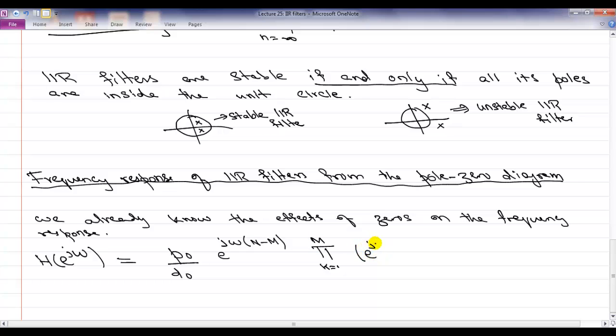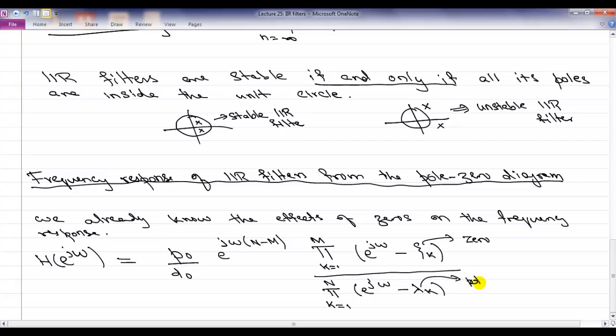So you have e to the j omega minus zeta k, where this is the location of your zero. Okay. We already had this expression for the case of FIR filters. Now for IIR filters, we get another denominator factor which is due to the poles, e to the j omega minus lambda k, where lambda k is our poles.